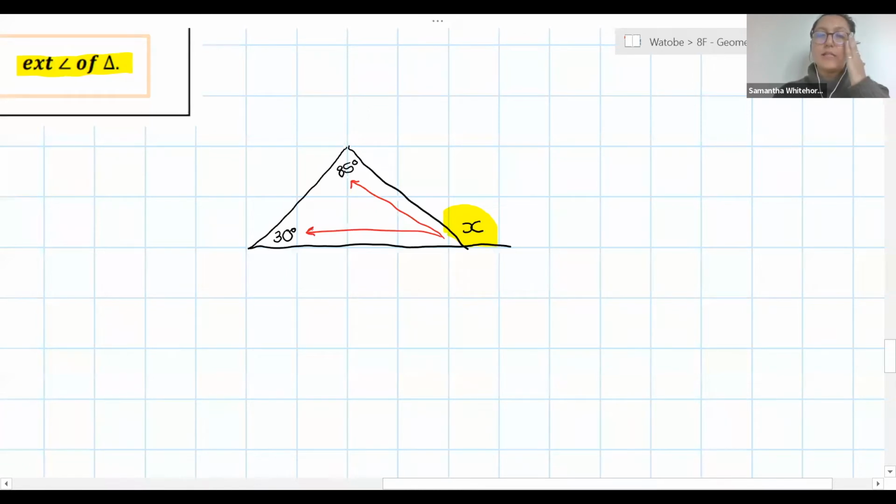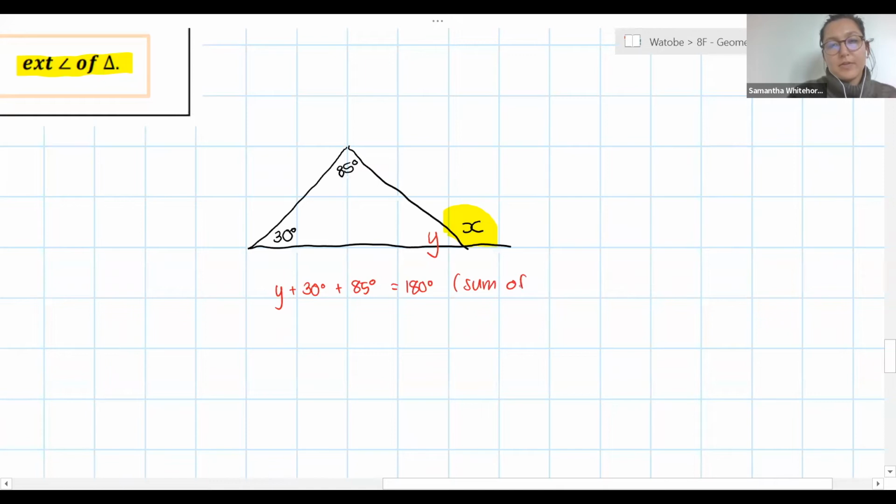Now, guys, the reason this works is because, let's say, for example, I had used angles in a triangle to find, let's call this angle Y. We know that Y plus 30 plus 85 must give me 180. So let's just write that down. Y plus 30 plus 85 must give me 180 degrees because of sum of angles in a triangle.